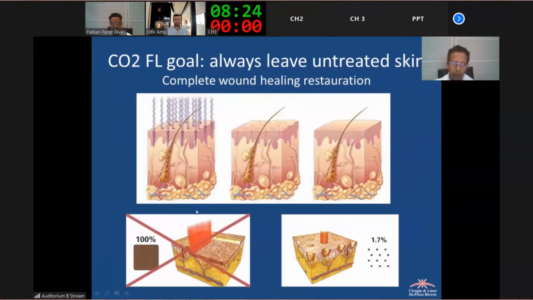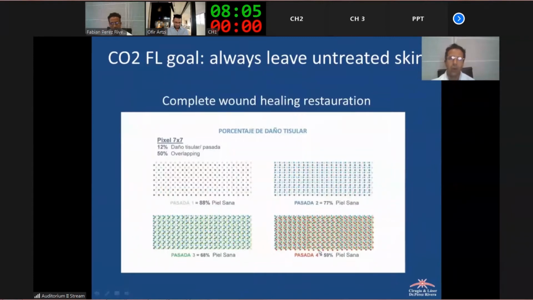Here is the past, the classical CO2 laser, in which one erases all the surface of the skin, and this one, the actual CO2 laser, the fractional ones, in which we always obtain untreated skin between each dot. And this gives us the possibility to pass several times over the skin without any risk.